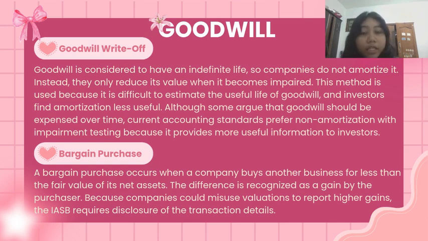This method is used because it is difficult to estimate the useful life of goodwill, and investors find amortization less useful. Although some argue that goodwill should be expensed over time, current accounting standards prefer non-amortization with impairment testing because it provides more useful information to investors.